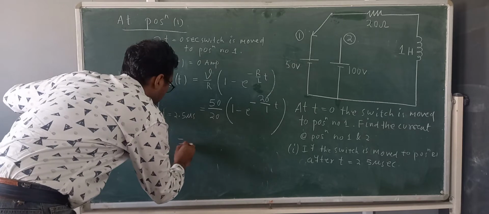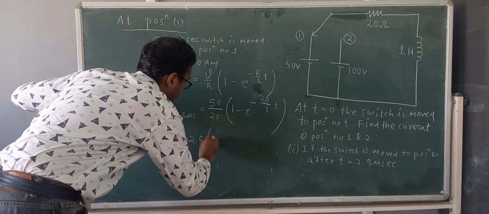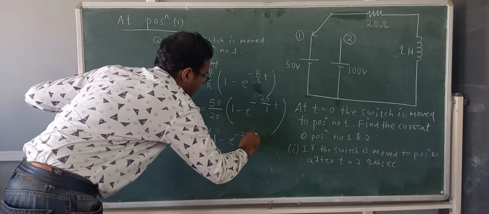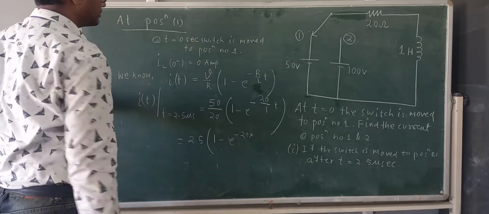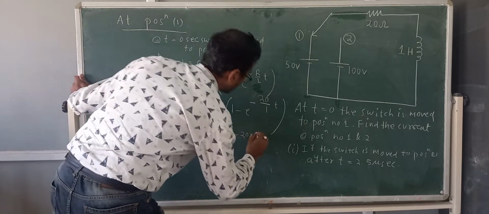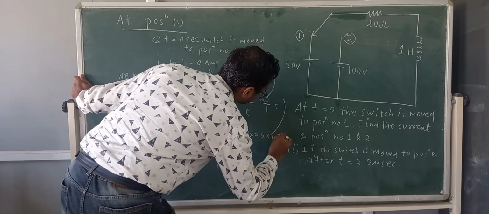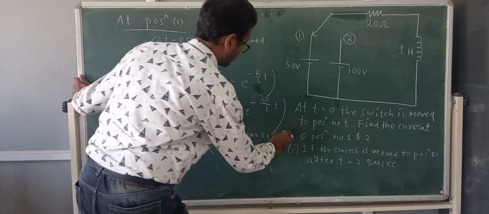So this will be 2.5 into 1 minus e to the power minus 20 into, in place of t, what do I have to put? 2.5 microsecond, so 2.5 into 10 to the power minus 6. I will put it.